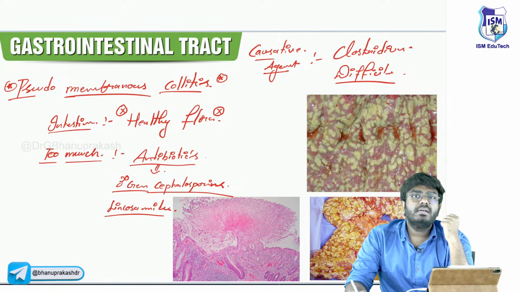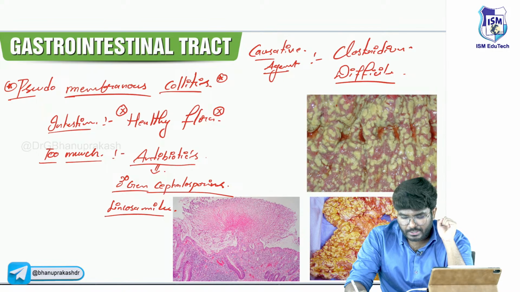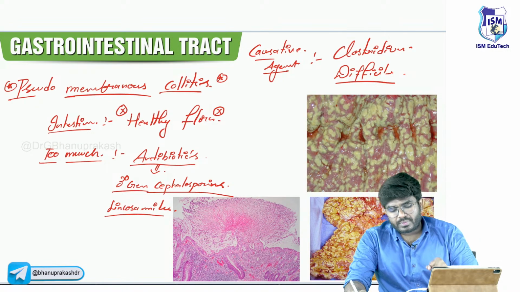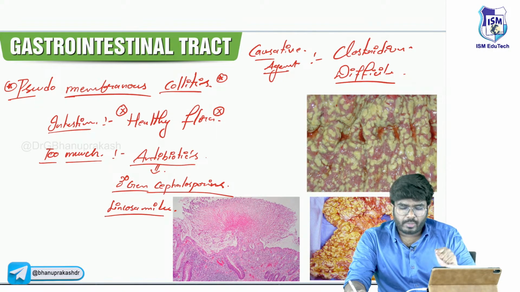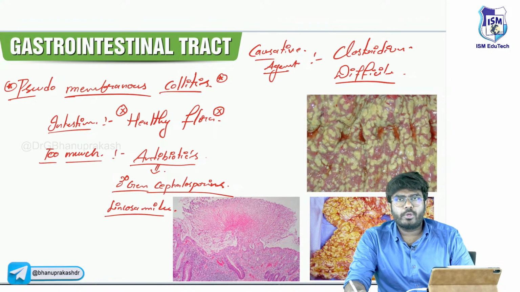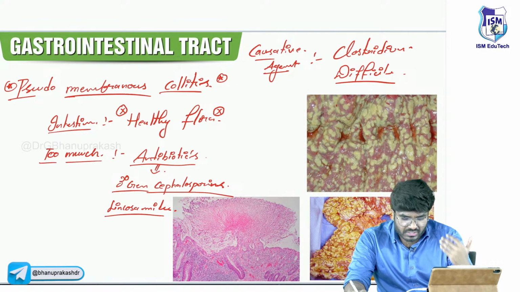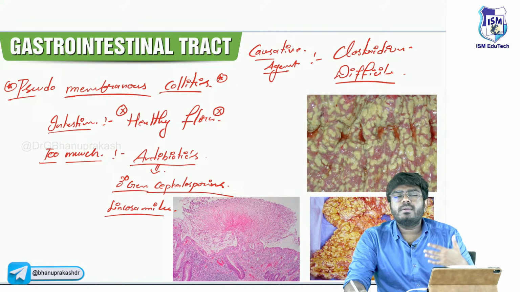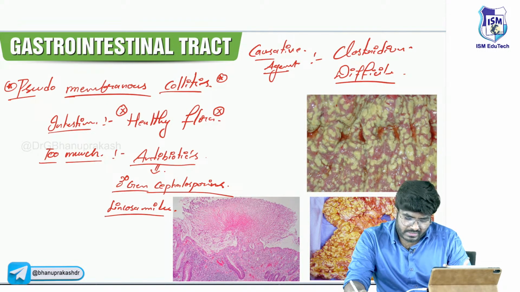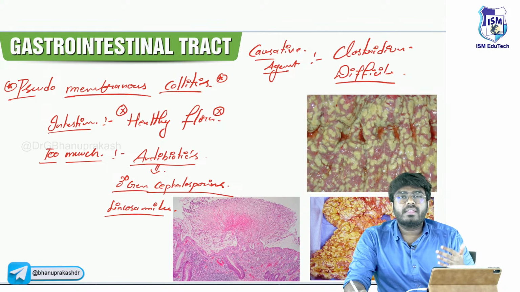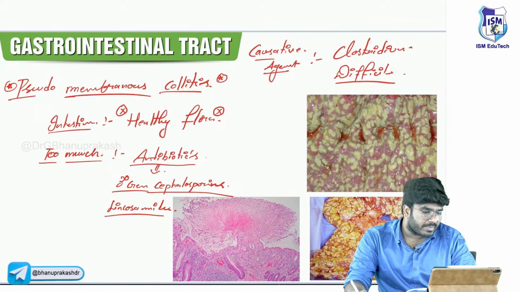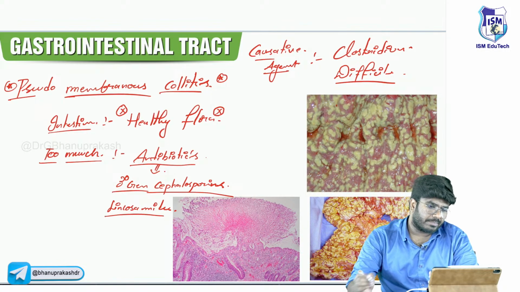It is going to start the inflammation and start damaging the mucosa. It's a bad organism that grows in the intestine because of the inadvertent use of antibiotics like third generation cephalosporins and lincosamide. There is replacement of the good bacteria with the bad bacteria.